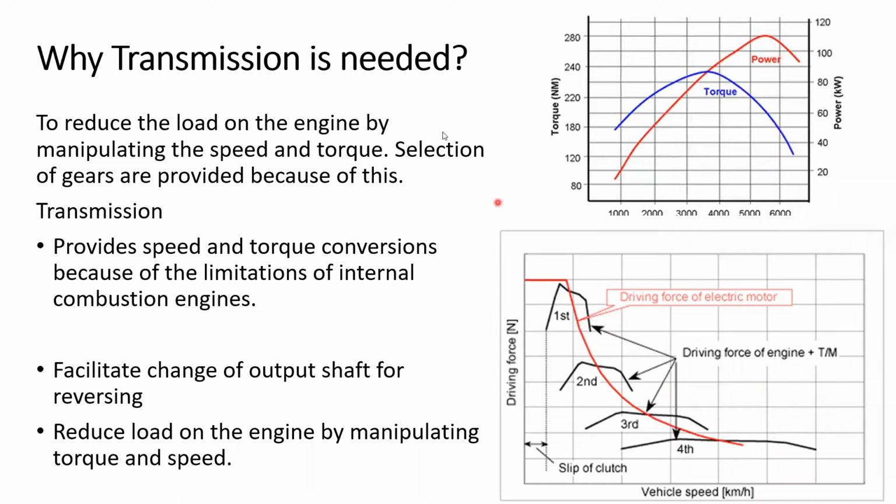By doing so, this graph is moved up and down. This torque graph is moved up and down, and parts of it are used to match the ideal graph that we need for a vehicle to drive on.